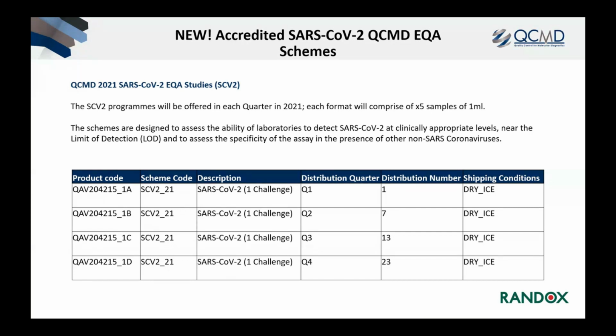Each of these will be a 5 sample panel, still testing the same parameters as previous programmes with clinically appropriate levels near the limit of detection and specificity samples included. These will be distributed each quarter and laboratories can register for all or some or any combination they wish. And this was because we knew that laboratories would still be changing their processes and their testing strategies. So we wanted to keep everything as open and flexible as possible.